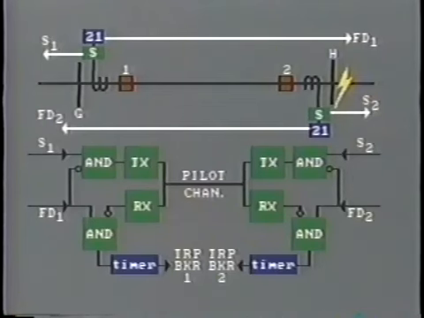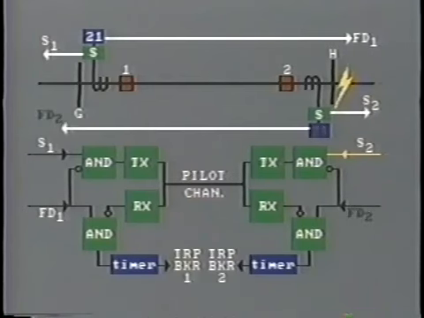Now, the logic diagram. When the external fault comes on, the starter relay at station H operates and sends a positive signal to the AND box. However, fault detector 2 has not operated, so it is not sending out a positive signal. Note on the diagram the 0 number at this input.